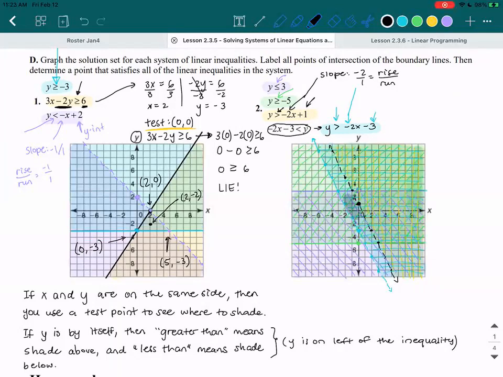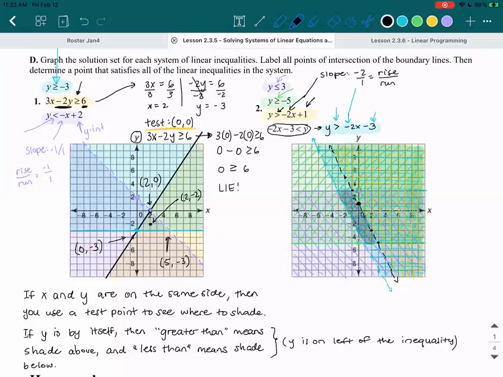It's actually this section in the middle that got shaded by all four. I'm just highlighting it in black so it's a little bit easier to see. Maybe if you were actually using a pencil and paper, it would be easier. I don't actually know. It's been a long time since I wrote on pencil and paper. So that inside parallelogram-shaped thing is where all of our shadings overlapped. Kind of like how we had a triangle in number 1, now we have a parallelogram in number 2.